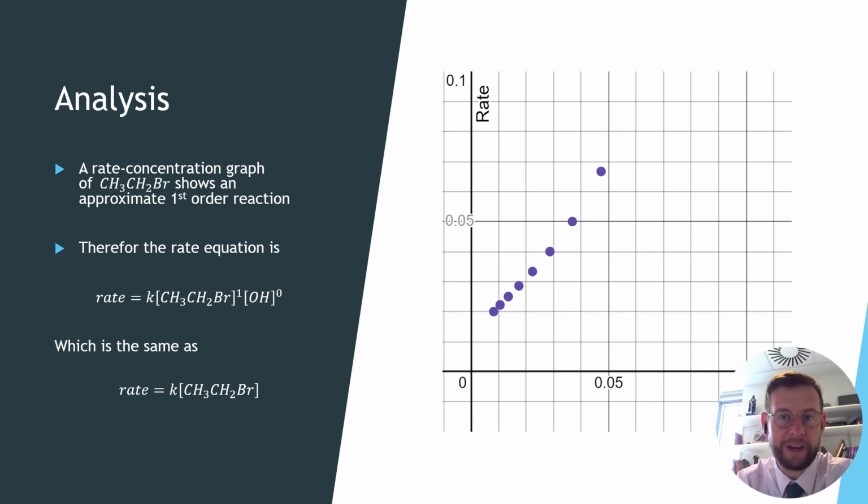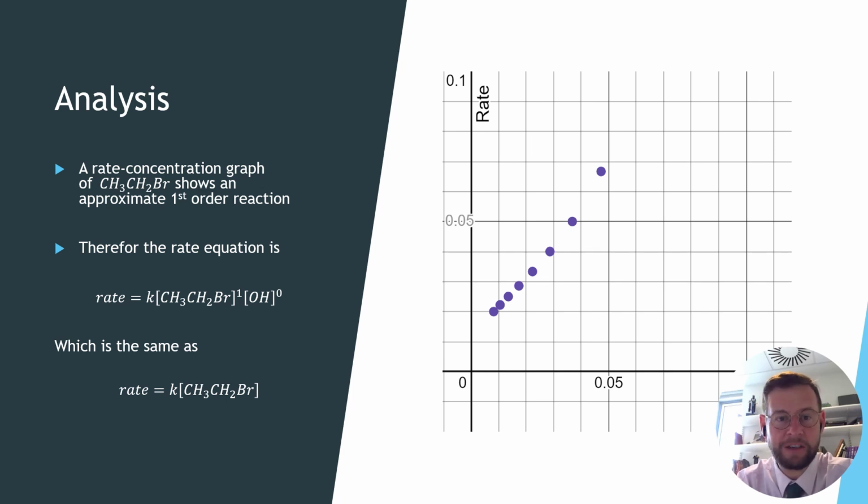Then we would know that it was order 1, and so therefore the rate equation would look like this: the rate is equal to the rate constant multiplied by the concentration to the power 1 of the bromoethane multiplied by the concentration of the hydroxide ion to the power 0, which is equal to 1, of course.